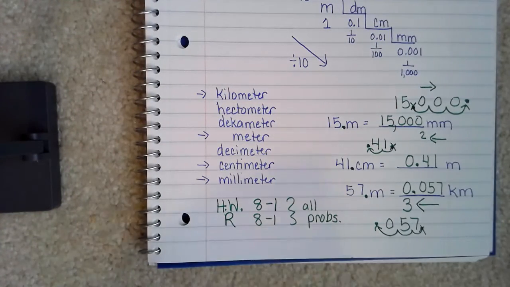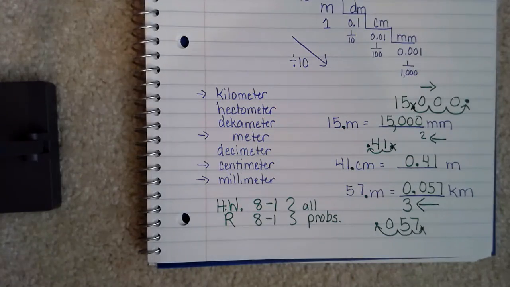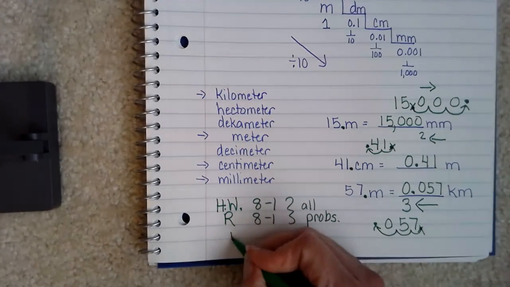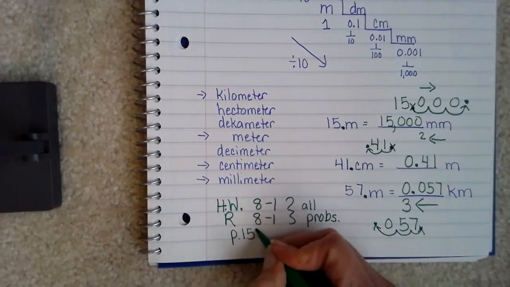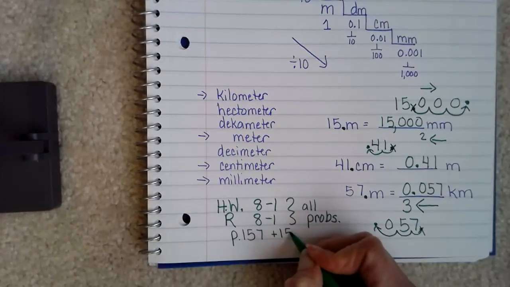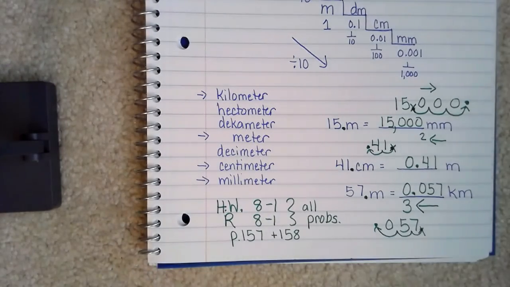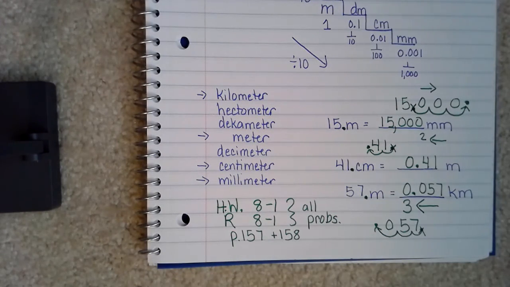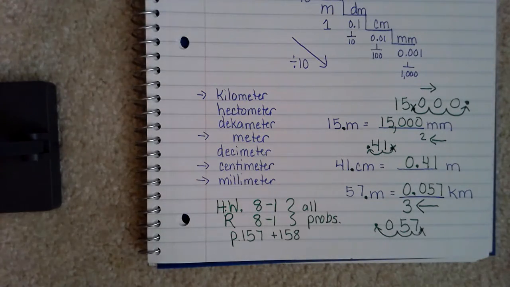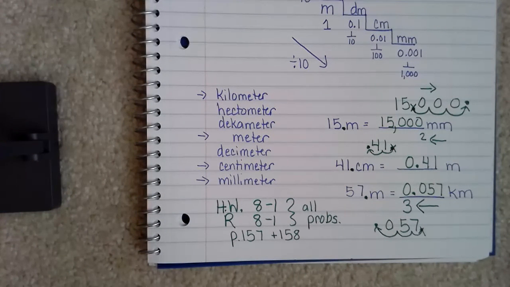Let me grab that real quick. Those 2 pages are page 157 and 158. Most of you have your math homework and remembering books at home. If you do, excellent. If you don't, we've posted them in the homework section of your math Google Classroom.